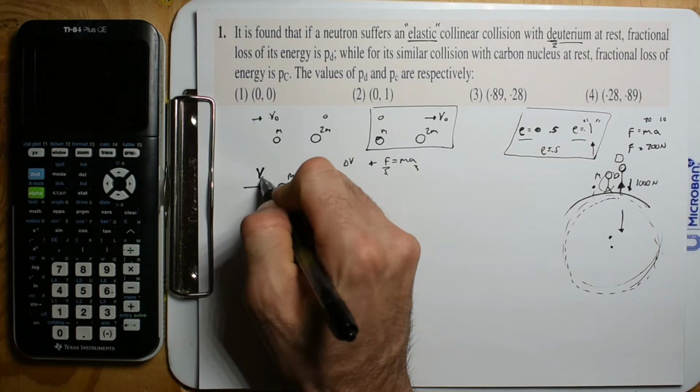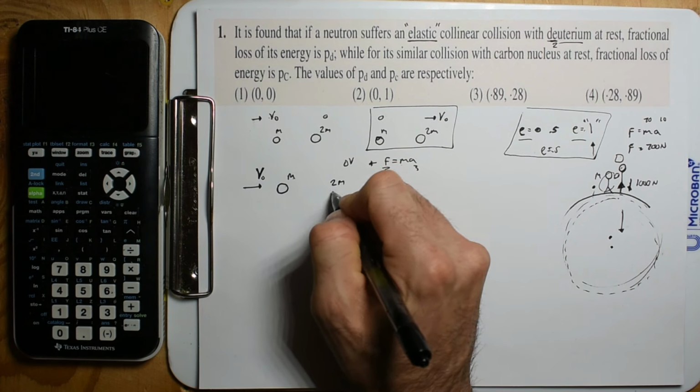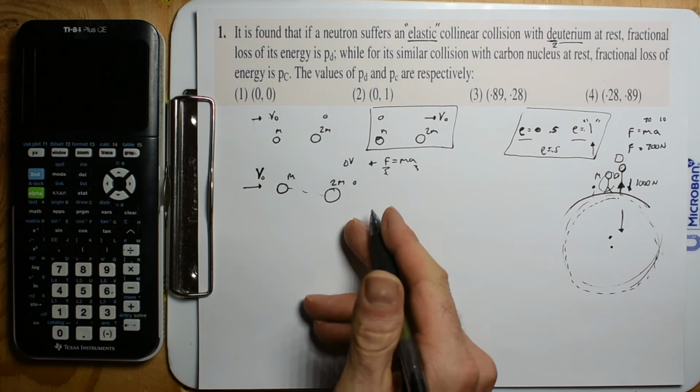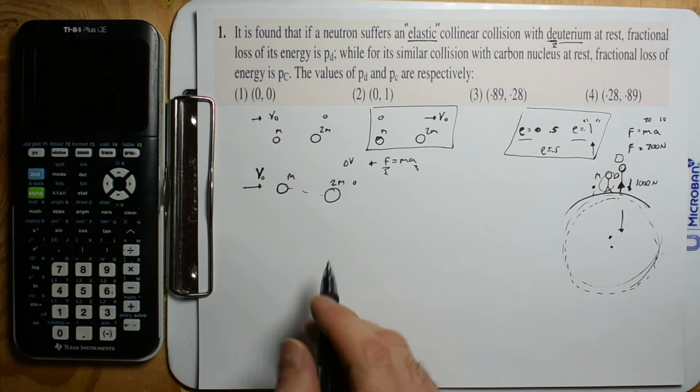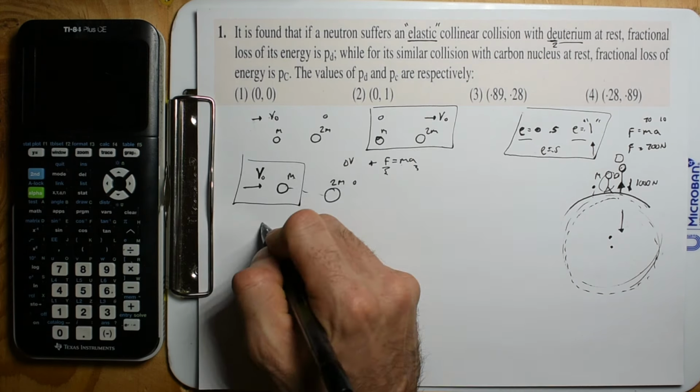So we're going to come in with a v naught on this mass m. We have this 2m right here. We're going to collide into it, and this has a velocity of 0. And so the initial momentum is mass times that v naught. Cool. And this has to equal the final momentum.